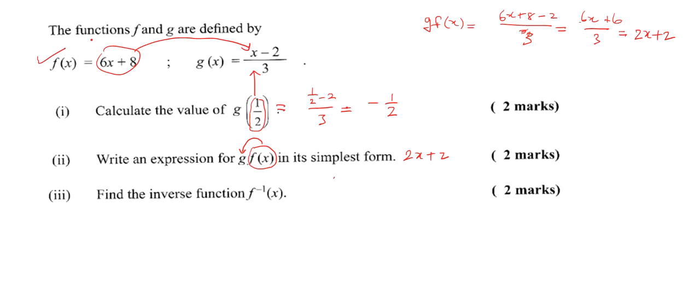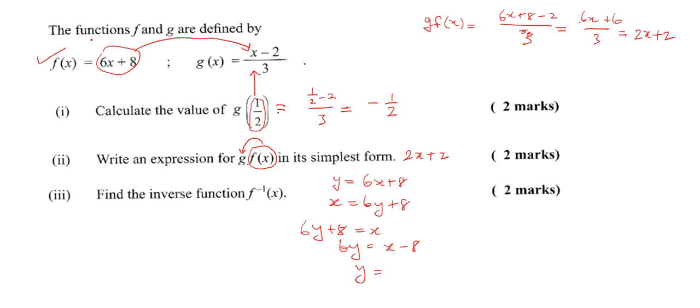So the first thing you do, you let y equal 6x plus 8. Your next step is to interchange x and y. So we put x is equal to 6y plus 8. So we can say 6y plus 8 is equal to x. Therefore 6y is equal to x minus 8.